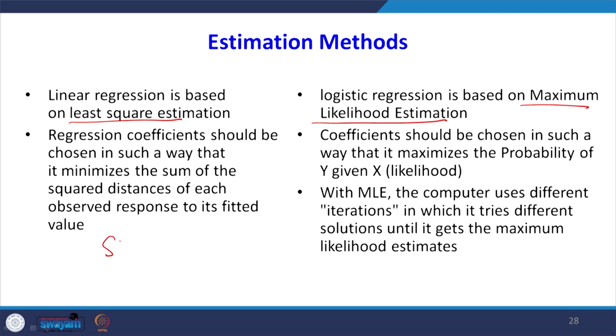Nothing but the error sum of squares has to be minimized. But here the coefficients should be chosen in such a way that they maximize the probability of y given x. With maximum likelihood estimation, the computer uses different iterations in which it tries different solutions until it gets the maximum likelihood estimates. That is why solving logistic regression by hand is very difficult.